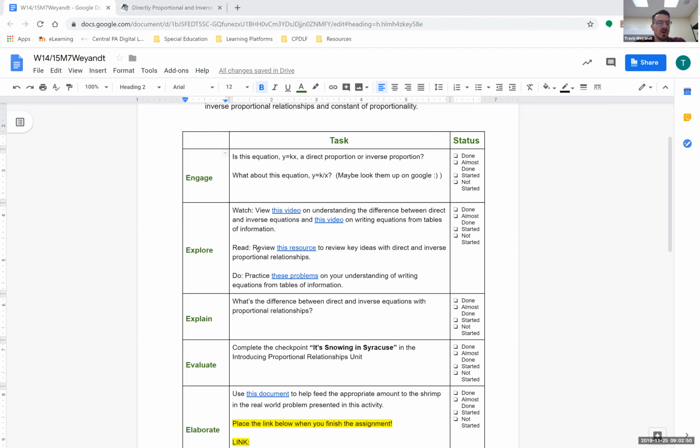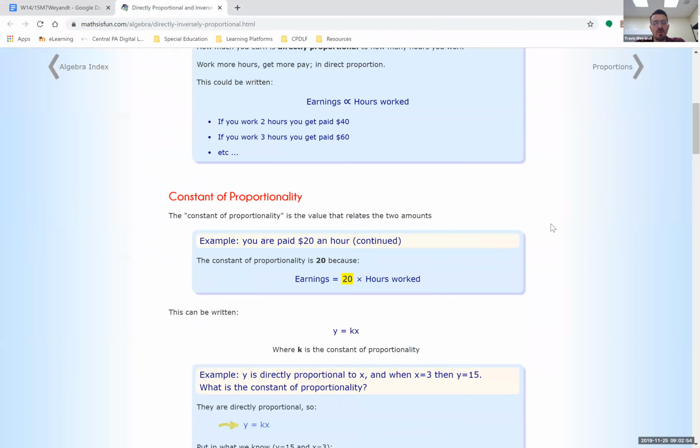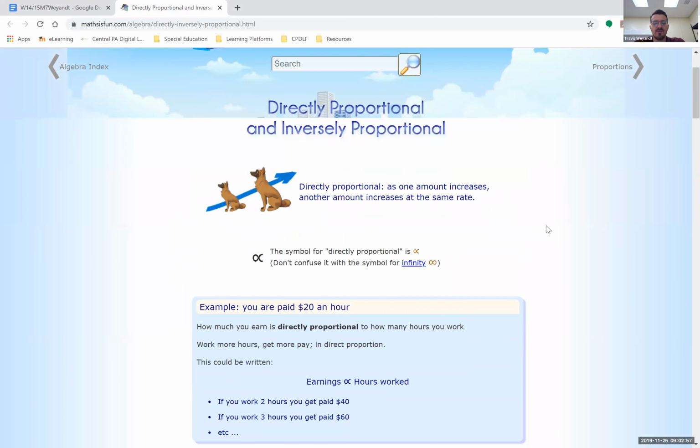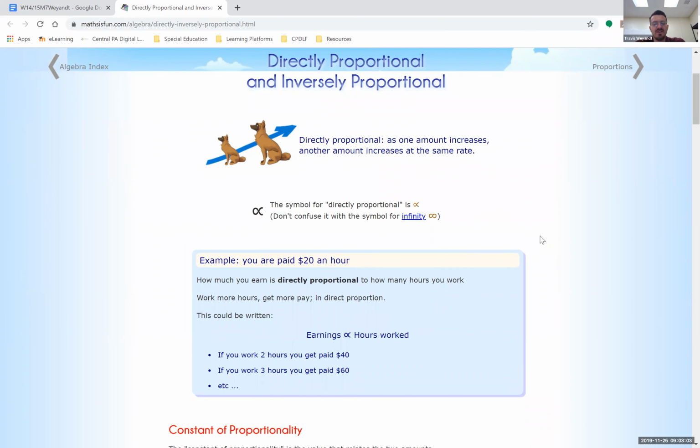So I'm going to go to this reading section. What is the difference between a direct and an inverse proportional relationship? You will use both of these in the checkpoints that you're doing. The big difference between a direct and an inverse is this. A direct is when one amount increases, the other amount needs to increase at the same rate. So a direct needs to go in the same direction.